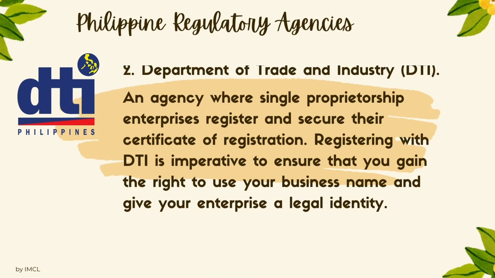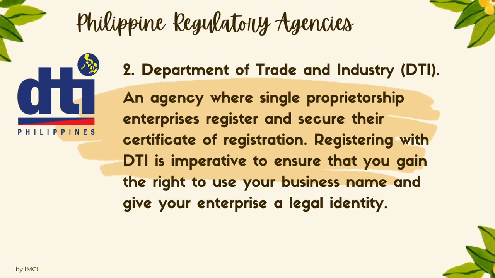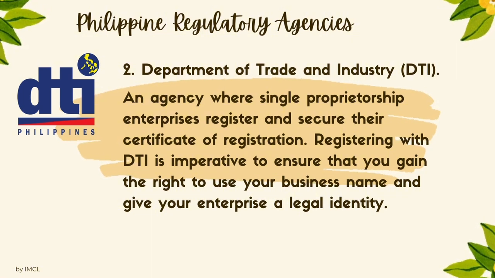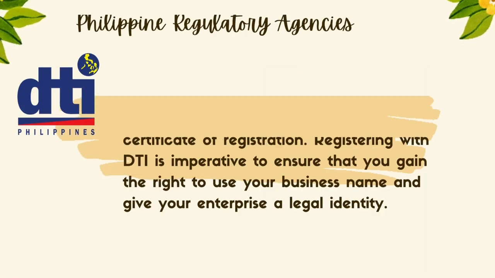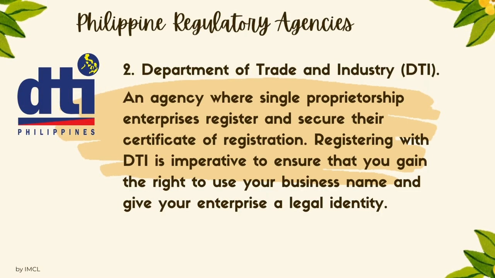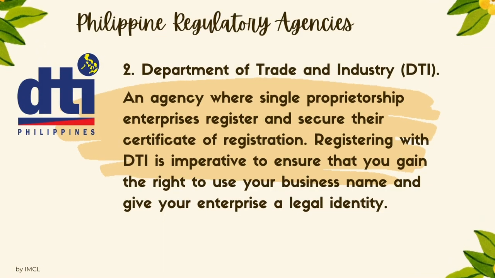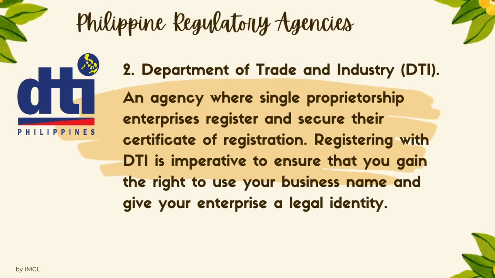Next is the DTI. The Department of Trade and Industry is an agency where single proprietorship enterprises register and secure their certificate of registration. Registering with DTI is imperative to ensure that you can gain the right to use your business name and give your enterprise a legal identity.